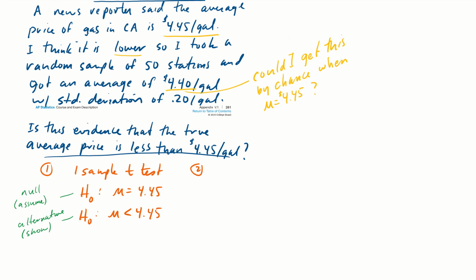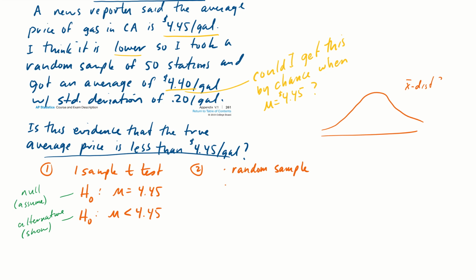Step two, we check our conditions. The conditions to do any sort of a t-test that we're interested in right now are that it has to be a random sample, and secondly, we used np and nq bigger than 10, but the question is, what makes the x-bar distribution approximately normal?